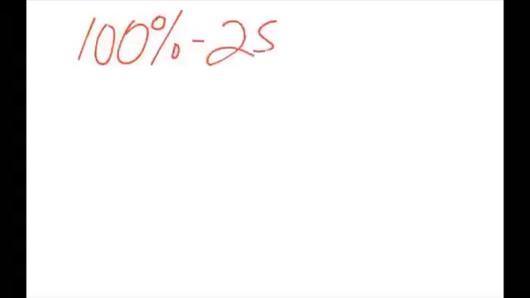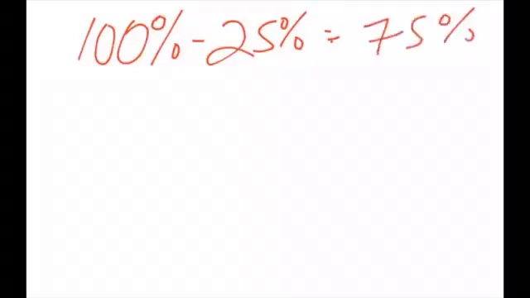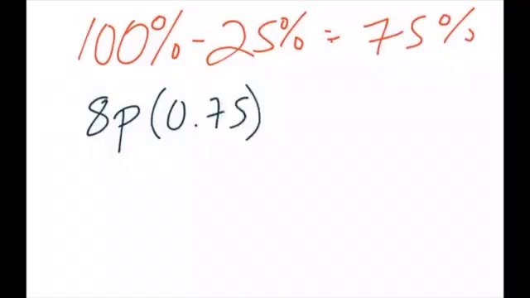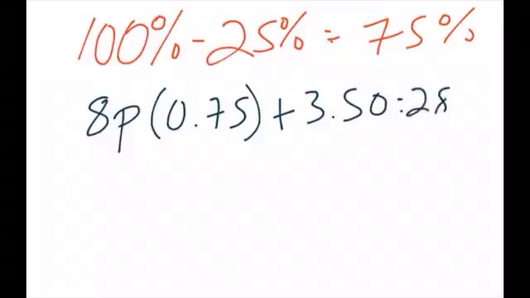So remember, if I have 100% minus 25%, so I'm not paying for 25%, means I'm paying for 75%. So if 8p is 100% of the cost, if I multiply by 0.75, then that's going to tell me how much I'm paying. Plus the $3.50 equals the $28.76.